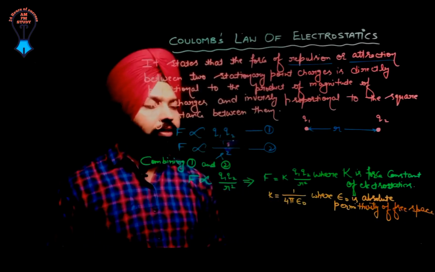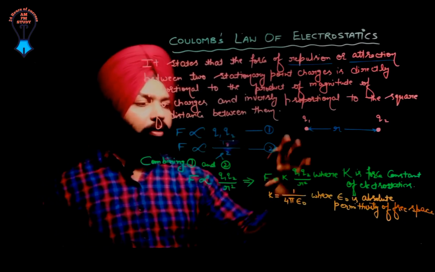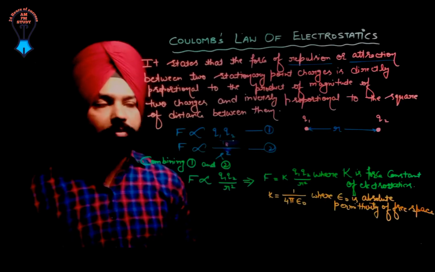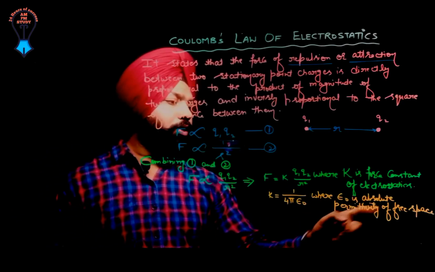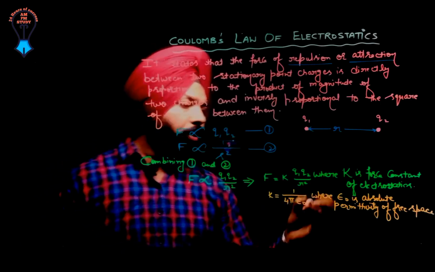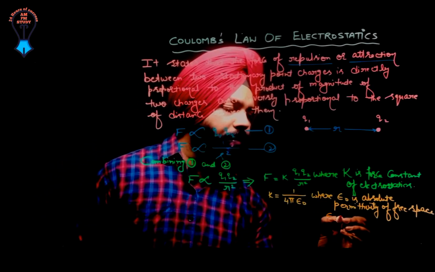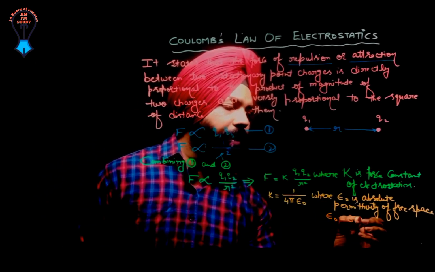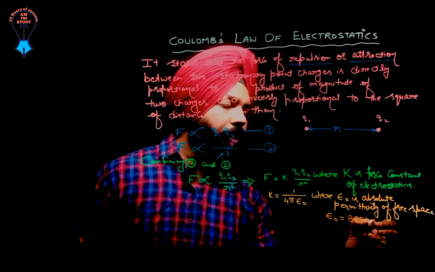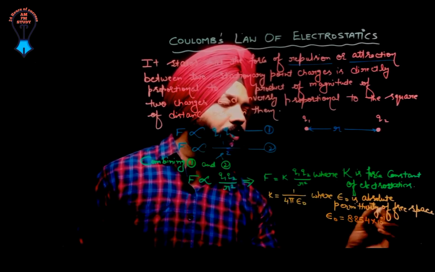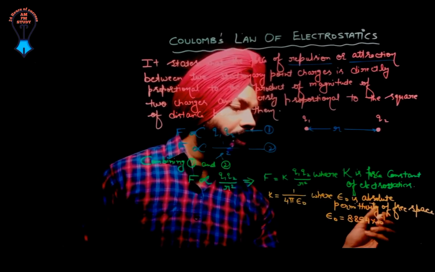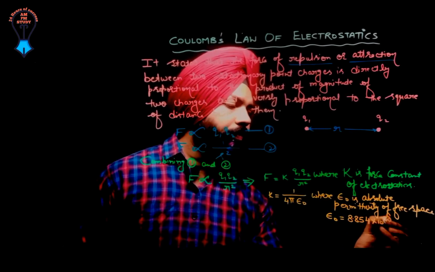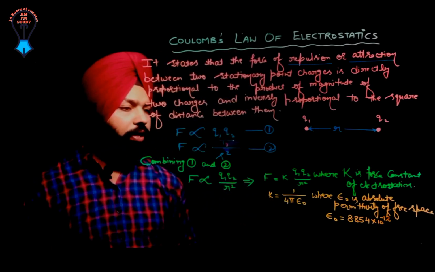So we can say that the value of K varies from medium to medium. Here epsilon naught is the absolute permittivity of free space, and the value of epsilon naught is 8.854 into 10 raised to power minus 12.